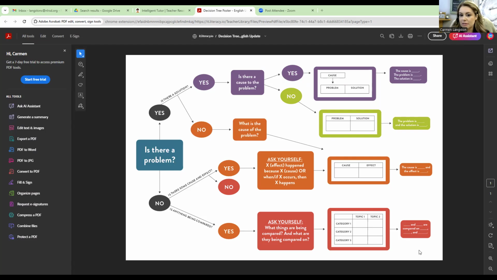They don't have to use the exact same language, just so long as they get the general idea of what the problem and the solution was, what was being compared, or what the cause and effect was, to show that they literally understood what was read. When we're talking main idea, we're looking for literal comprehension. When we're talking about inferencing, that's less concrete and more abstract comprehension that we're looking for there.